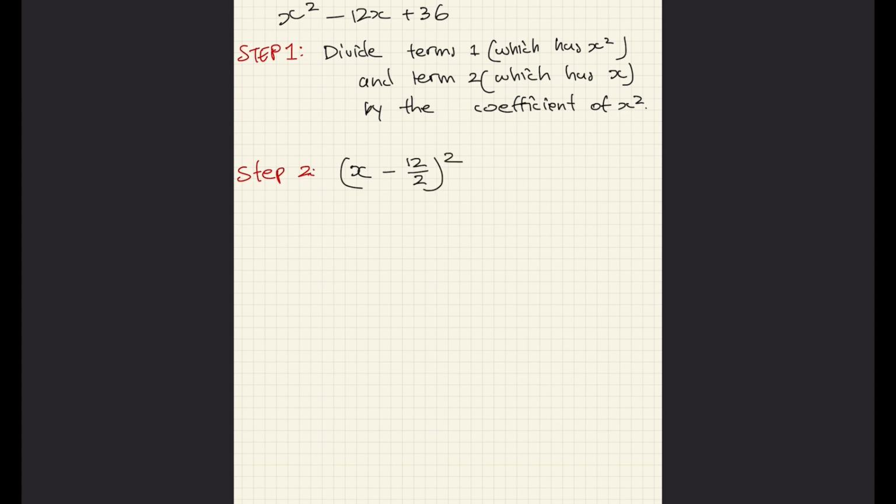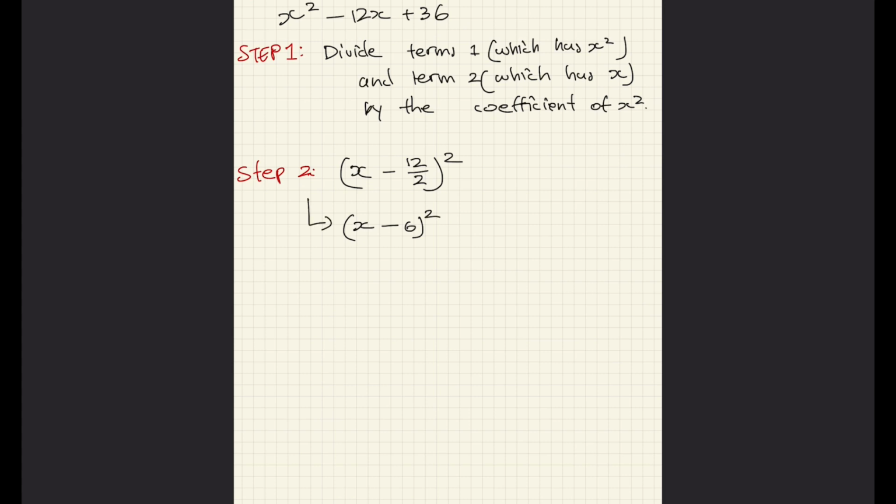So what did I do here? I removed the square. I divided negative 12 by 2. I removed the x and I squared it all. So what this will end up being is x minus 6 squared.